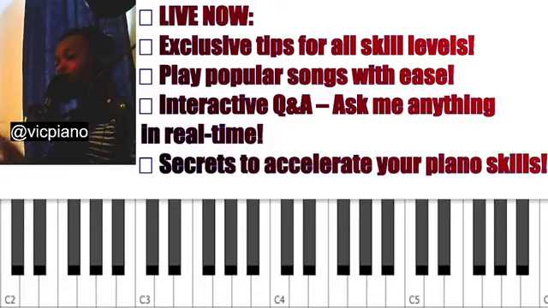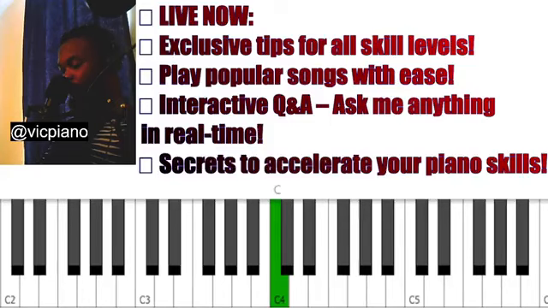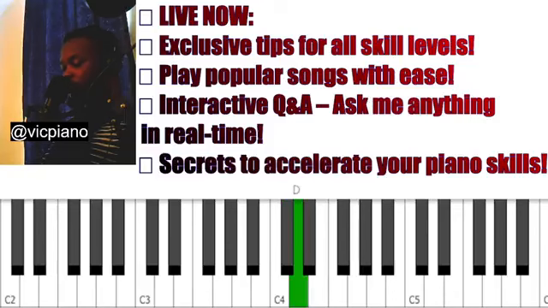Now there's a proper finger technique for chromatic scale. I'm going to give you that technique. The technique is your thumb on the first note. Let's say you're starting on C. Thumb on the first note, your second finger on the second note, thumb on the third note.